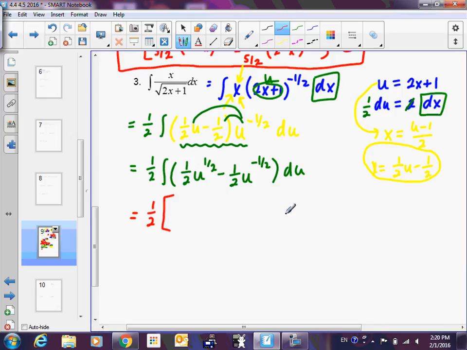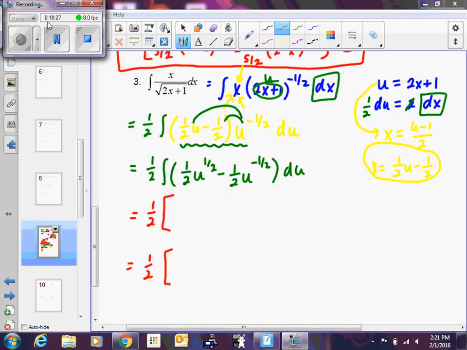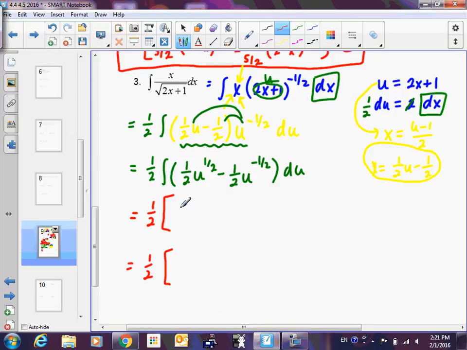Go ahead and see if you can finish this one on your own. There's 2 more steps involved. I'm going to write it up here. Feel free to kind of check what you're doing. If the simplification is overwhelming you, don't simplify.